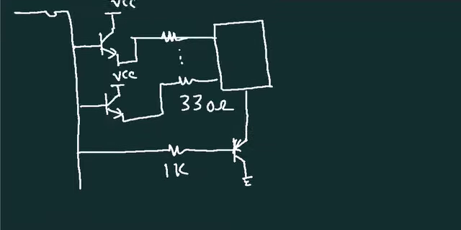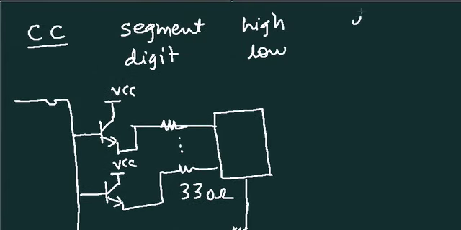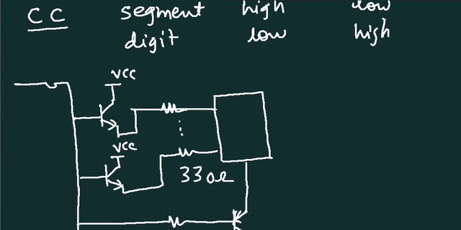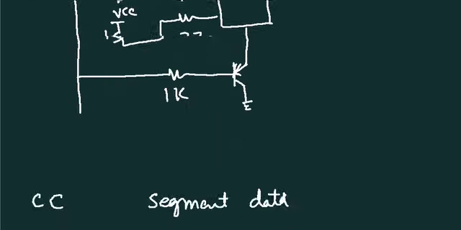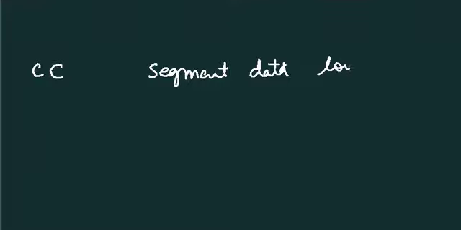Then the last case will be low and high. Common cathode, segment data active low, digit select active high.